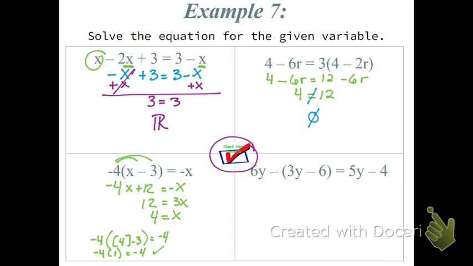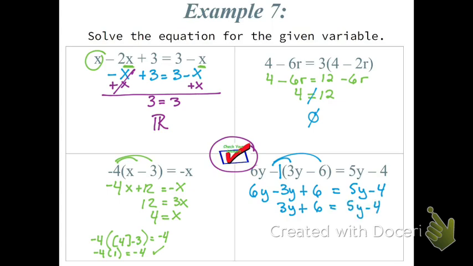And then our last problem, remember you can think of this as like a -1 to distribute. And then that's our distributive property. And then we have some like terms to combine. Now we're going to try to get all of the variables on one side only. So I'm going to subtract 3y from both sides.